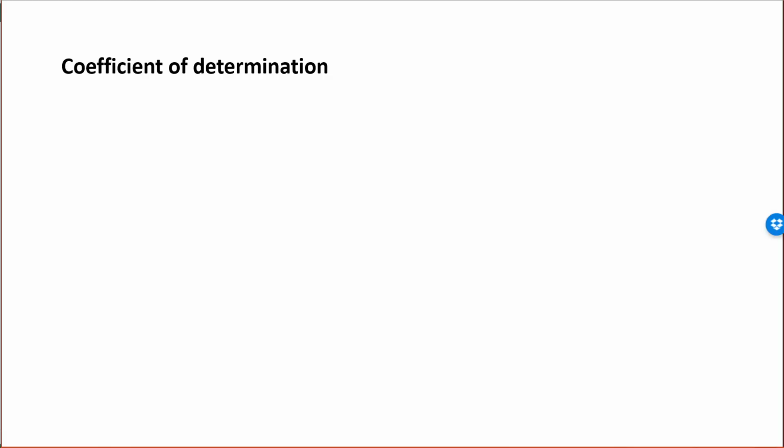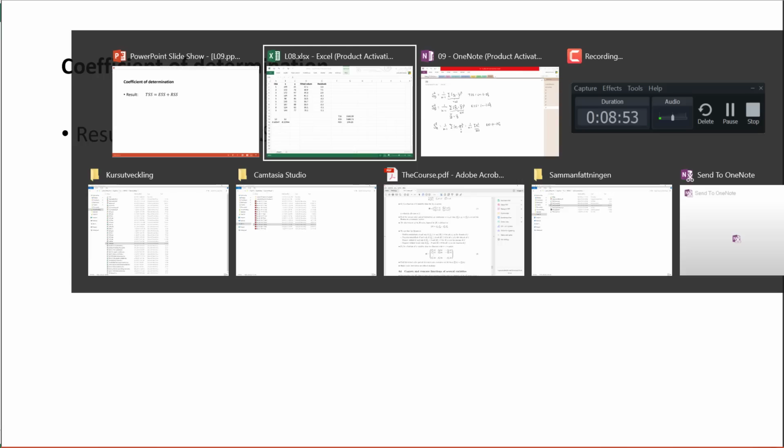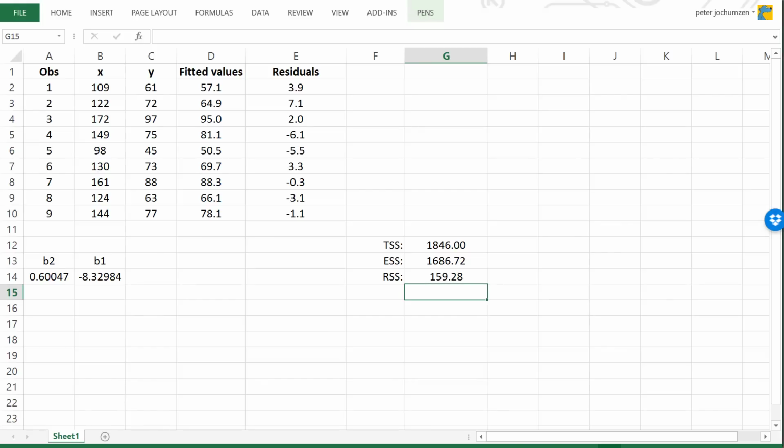First, an important result, and it's as follows. If you sum ESS, explained sum of squares, and RSS, residual sum of squares, you will get TSS, total sum of squares. Let's check that we also get that. So let's do ESS plus RSS.